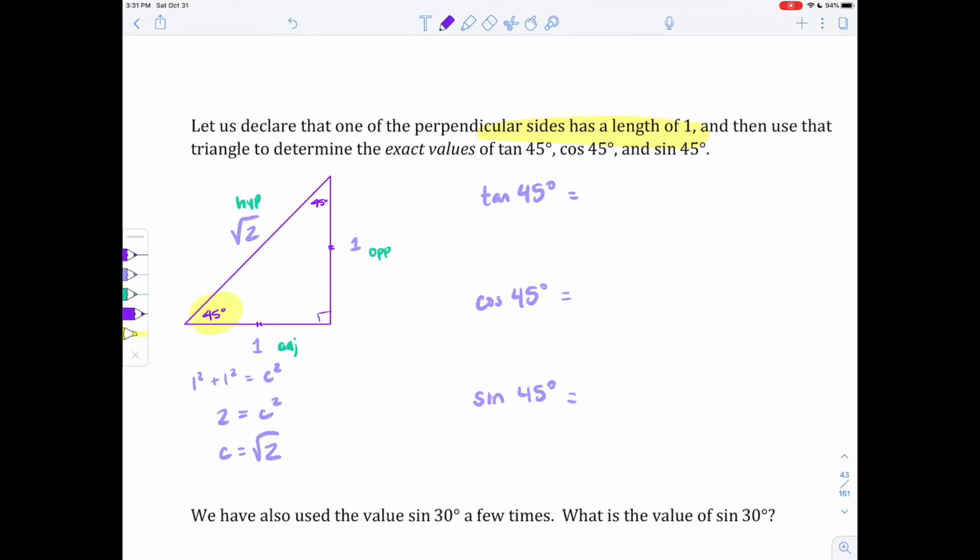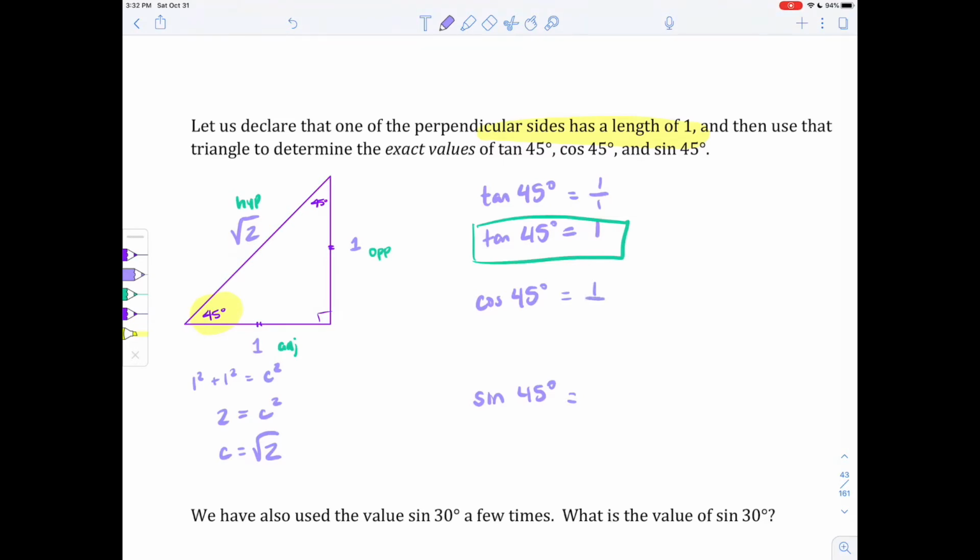So let's take a look here. Tan of 45 is my opposite over my adjacent, which is 1 over 1, which simplifies to tan of 45 degrees is just 1. Now, my cosine of 45 degrees is my adjacent over my hypotenuse.